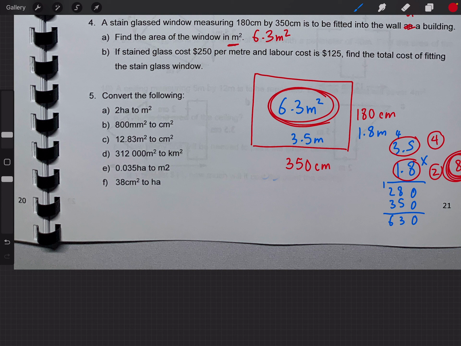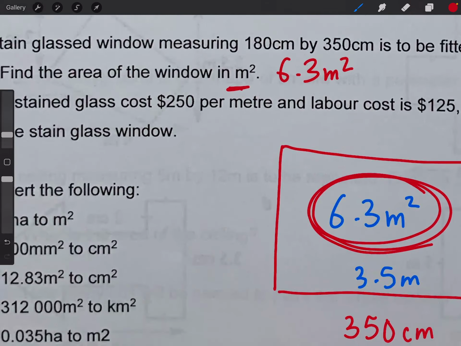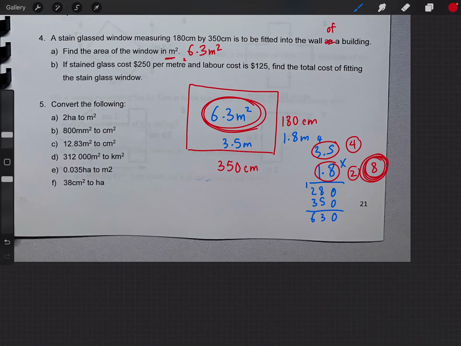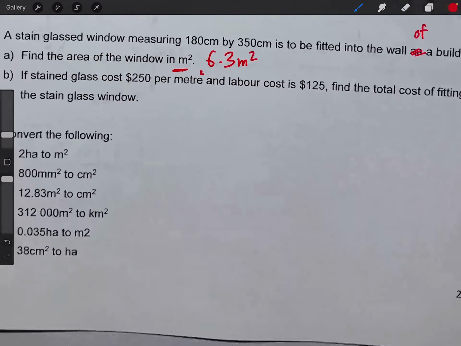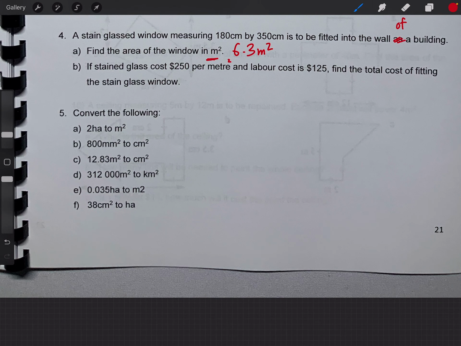Now, the next one says, if stained glass costs $250 per meter squared, and labor cost is $125, find the total cost of fitting the stained glass. So 1 meter squared is going to cost you $250.